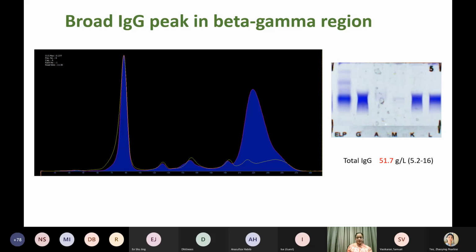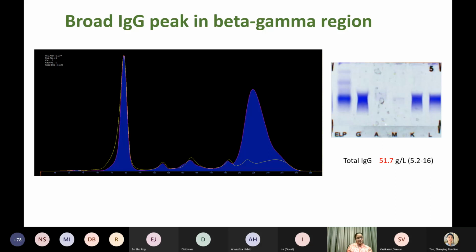The patient's total IgG level was 51.7, very high. And we can see a broad peak in the beta gamma area. In the peak, you can see broad staining in G, kappa, and lambda.